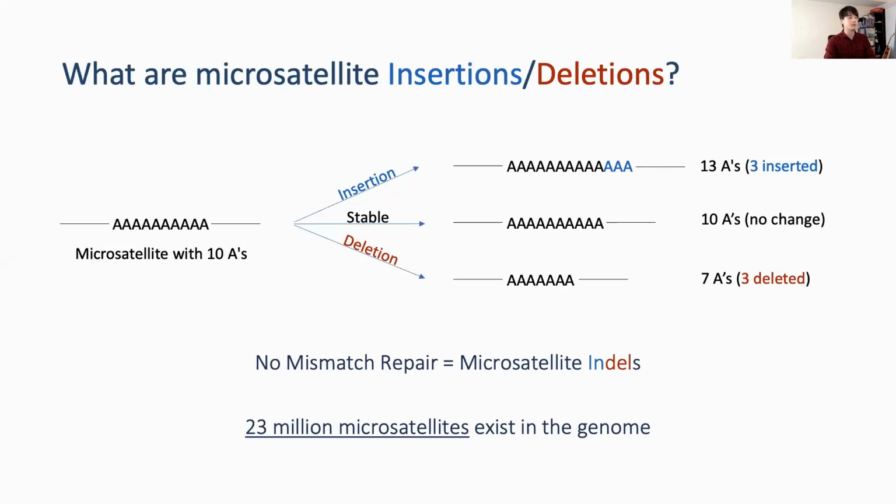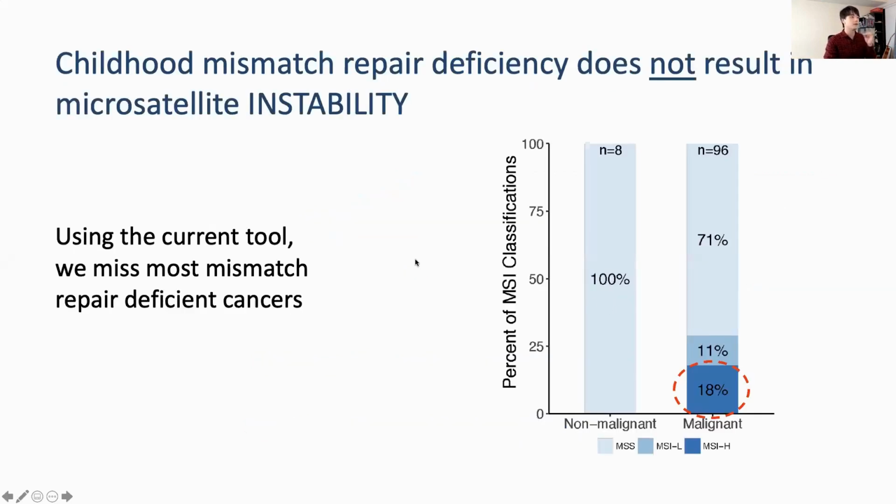So we thought that maybe that could be used to detect mismatch repair deficiency in children, particularly in cases with CMMRD. However, when we used that tool, we actually found that most of the cases were missed for mismatch repair deficiency. Here in dark blue, we show that there's only 18% out of 96 cancers that were tested that had detectable microsatellite indels, or microsatellite instability, also called.